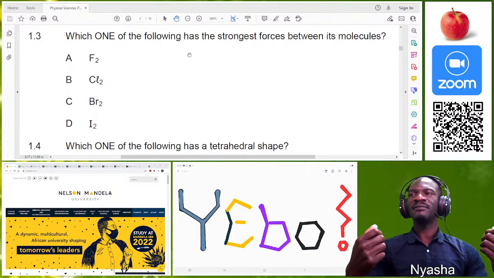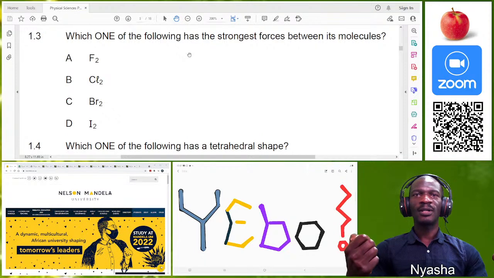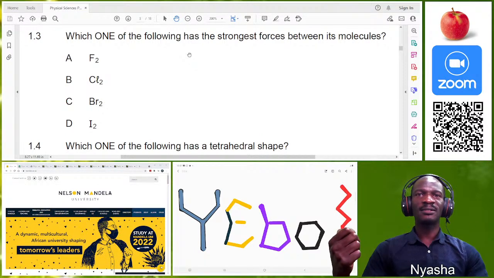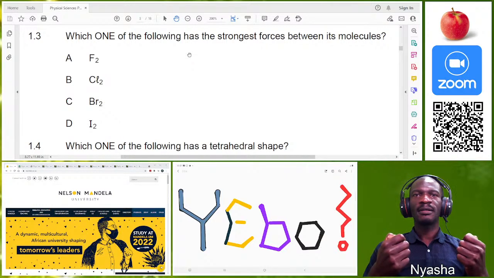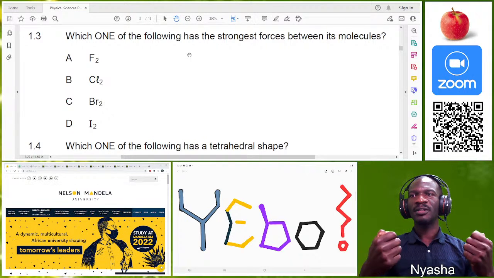Then you also have the second case, a chlorine and a chlorine gas. So these are different gas molecules, Cl2, Cl2, they interact. Bromine gas molecules, iodine gas molecules.